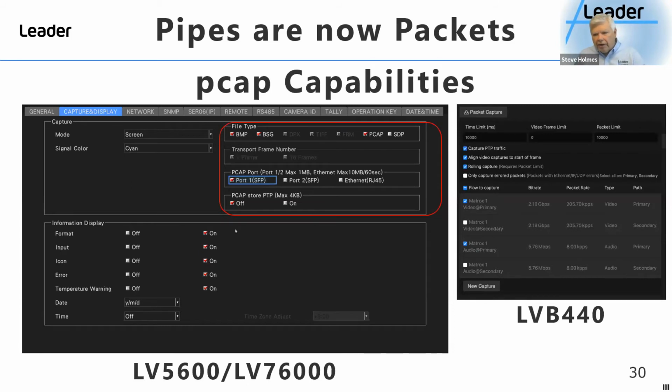We also, on our network analyzer, have the ability, since it's looking at many flows of traffic in parallel, basically looking at everything that's coming in the house or leaving the house, to pick which entities we would like to capture and how we would like the capture set up.